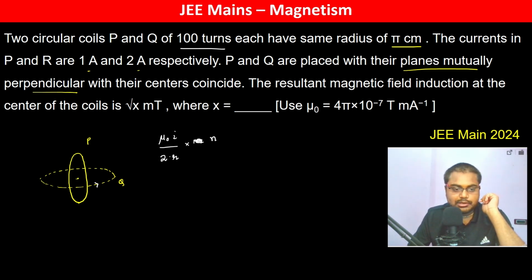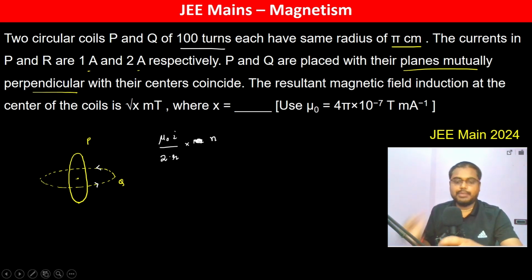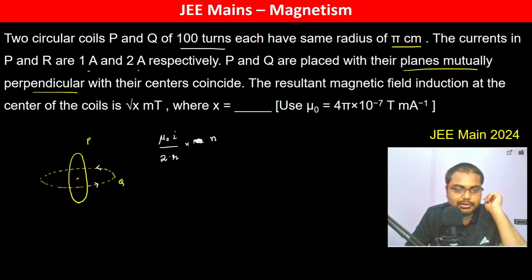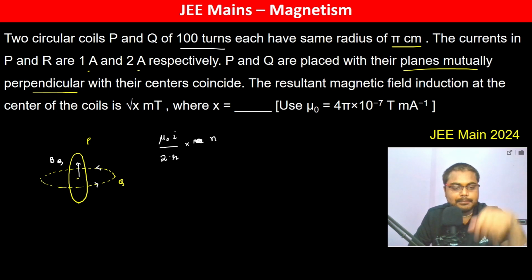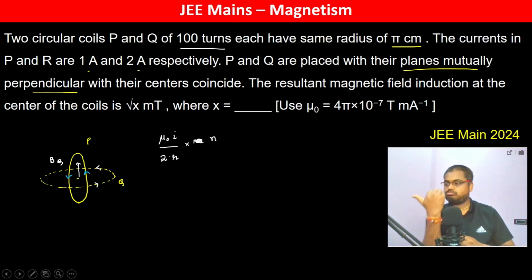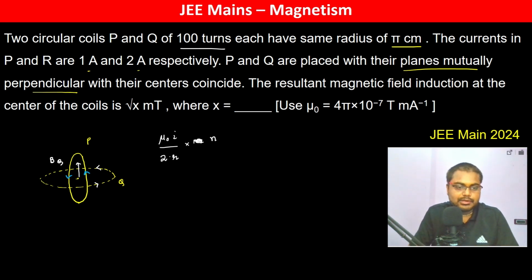Let us say the current is like this, so the magnetic field due to Q will be up. And the magnetic field due to P is in this direction. So it's mu naught I by 2r into n.